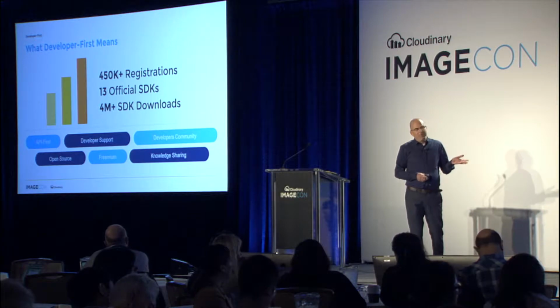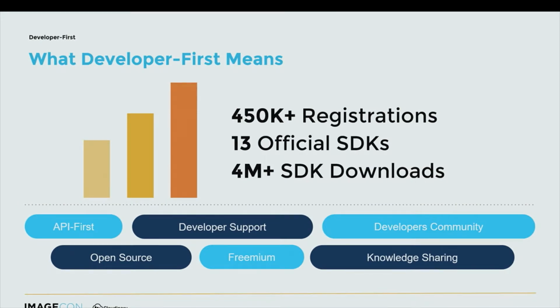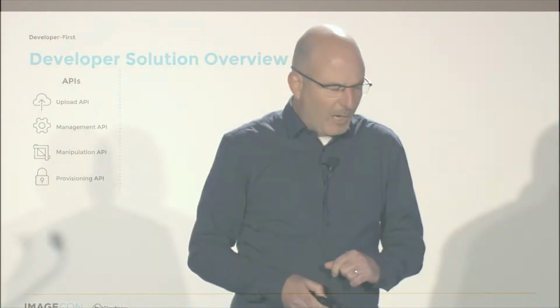It means we take an API-first approach, which means that we always try to first build real useful APIs and make them open and available for you to build what you need. It means our SDKs are open source, and it means we share metrics, knowledge, and our passion with you in many ways. How does it look from our solution point of view?